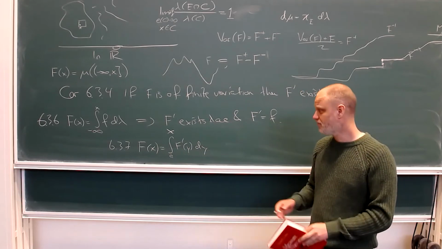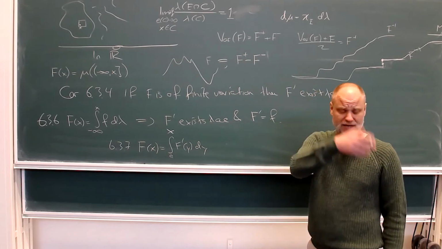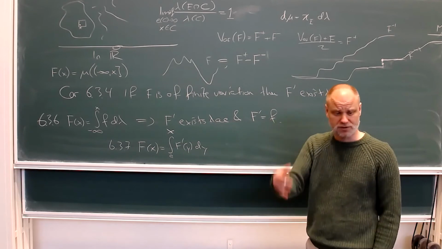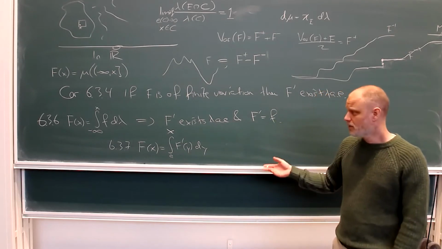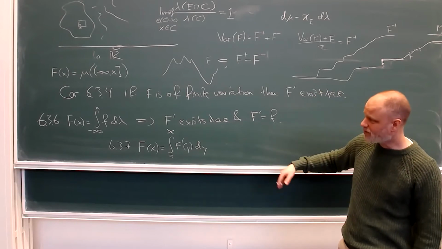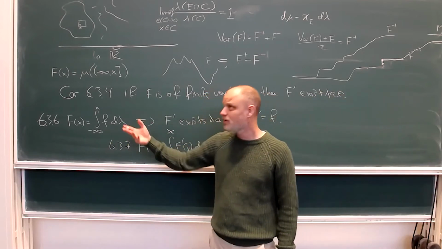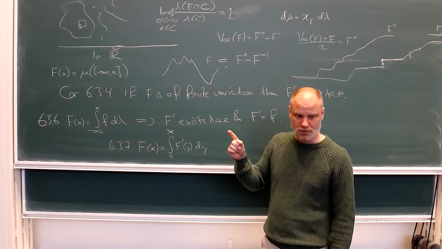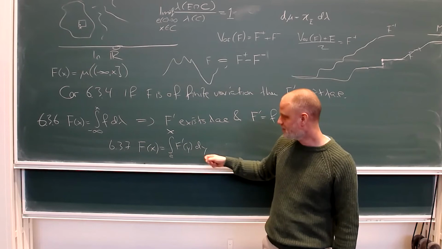You remember the definition? It was something with for every epsilon there exists a delta, and then you have to have infinitely many small intervals and check some inequality. So while this is a very beautiful result, if you don't have small f to begin with, it's hard to get to. Now I see my colleague is waiting for me.